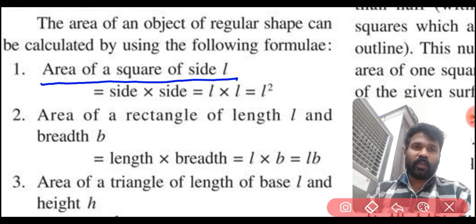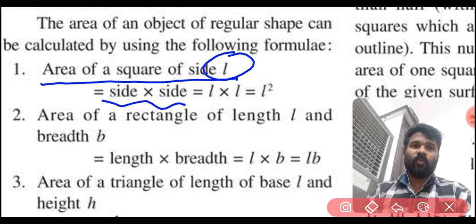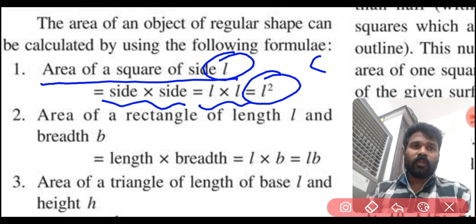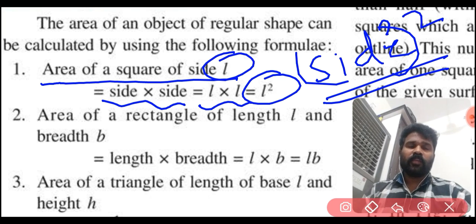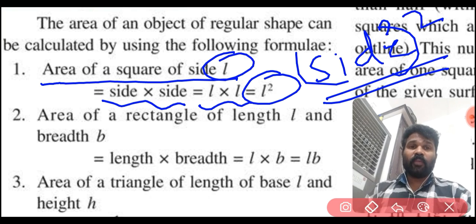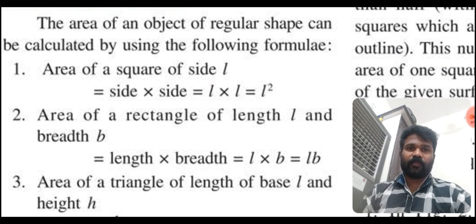Area of a square is equal to side into side. If we take the value L, then it is L into L. The final value is L square or side square.